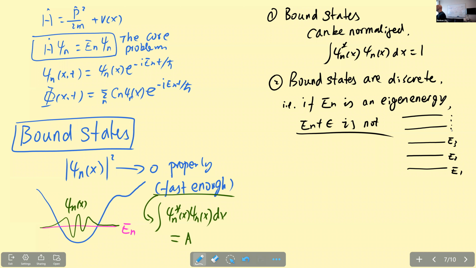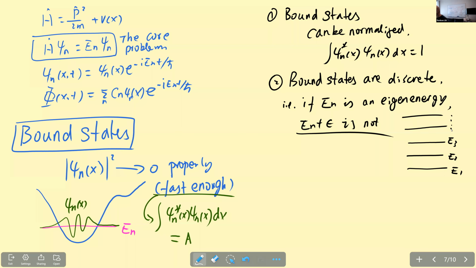The change must be large enough to have another solution. That's a hand-wavy argument. I'm not going to give you the mathematical proof at this point, but you can check. Let's just add a small change to the wave function and see what happens. A small change of the wave function is not going to be a solution. That one is related to the variational method, so we're not going to touch it at this point yet.